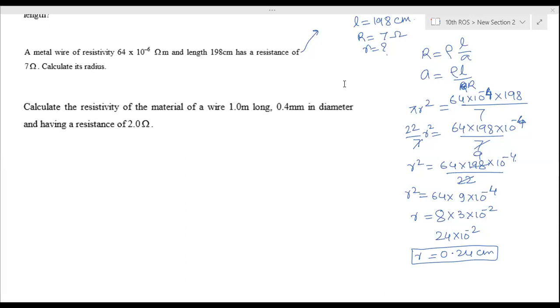What's the answer? What's the answer? Nishan, what's the answer?